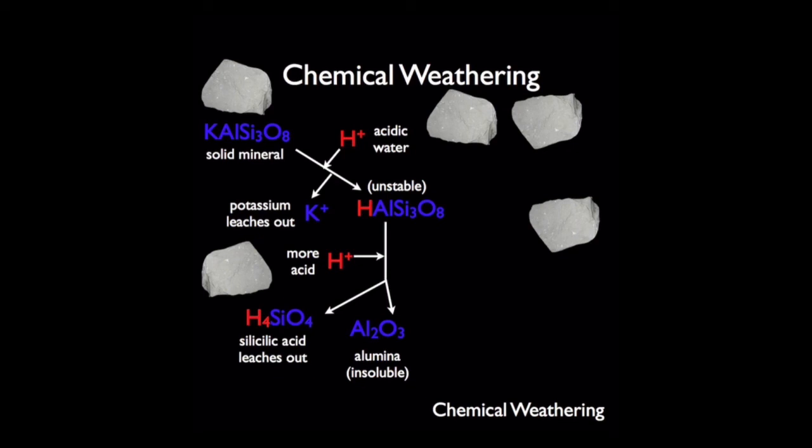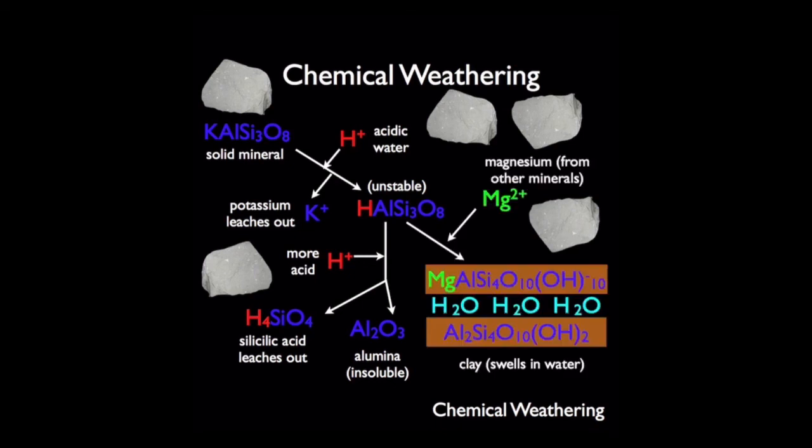The more soluble compounds are leached or washed down through the soil by water. Aluminum in complex silicates may be replaced by magnesium, forming clay minerals which can hold water and other ions in a kind of molecular sandwich.